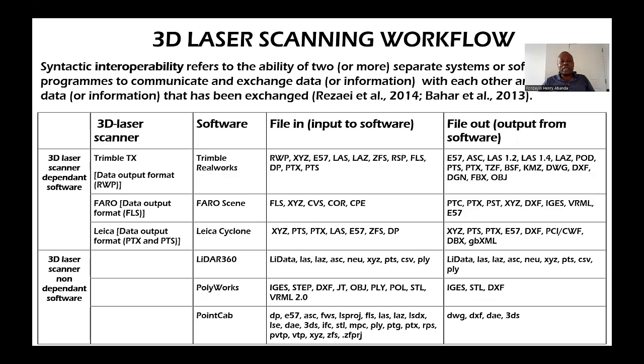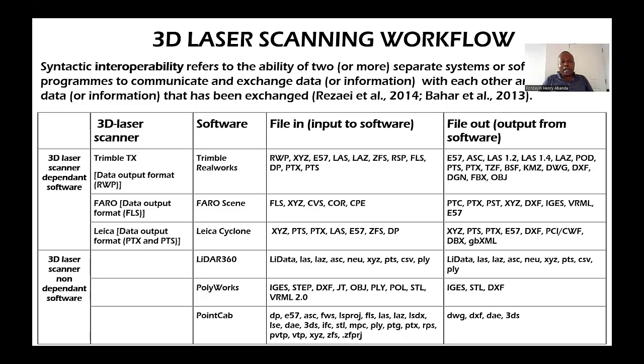One should be able to read data from another one. And in this case, the data from Faro should be able to be read by Revit, for example. And so we have a table there where we've actually developed this in one of our articles that we wrote some years back.